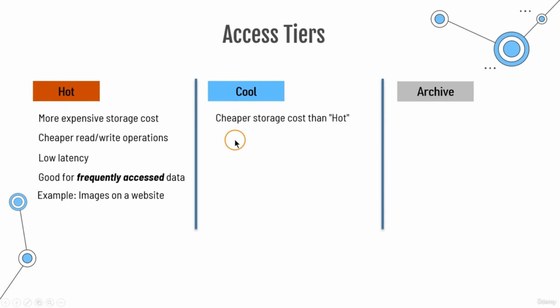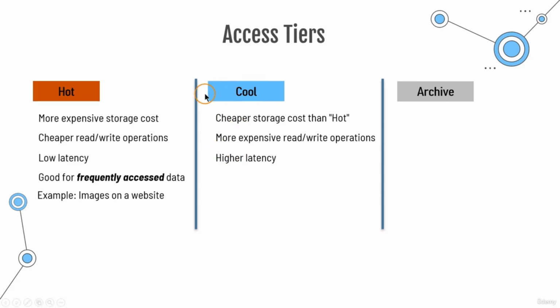Then we have also the cool tier. This is now already a little bit cheaper than hot in terms of pure data storage. But now the operations are already in general more expensive than the hot tier. And also the latency is almost the same as hot, and we have a little bit lower availability, but they are about the same.